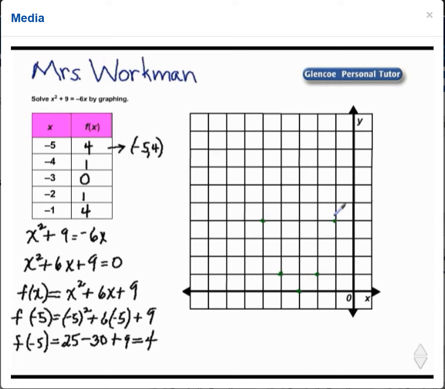We want to connect them with a smooth curve. We know that the graph of a quadratic function is a parabola, so these points are going to lie on a parabola. That looks like this.